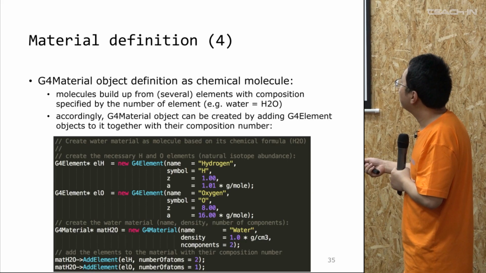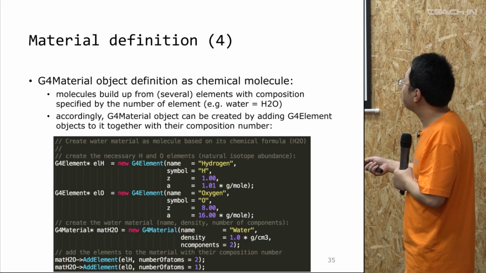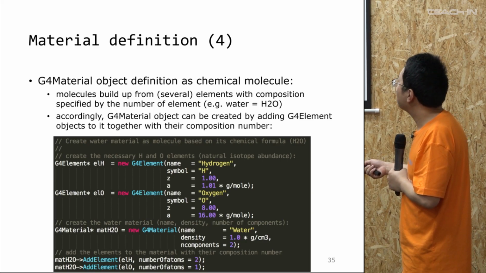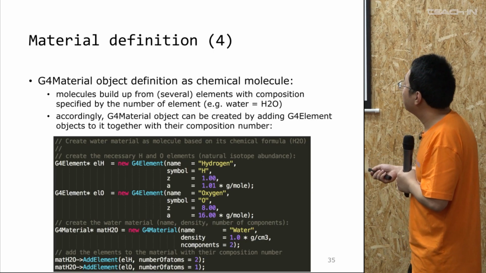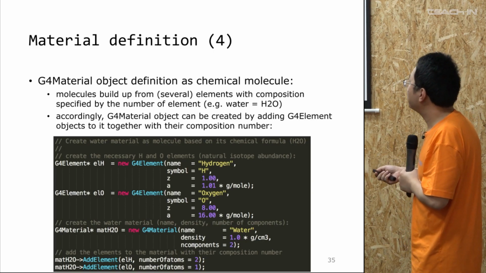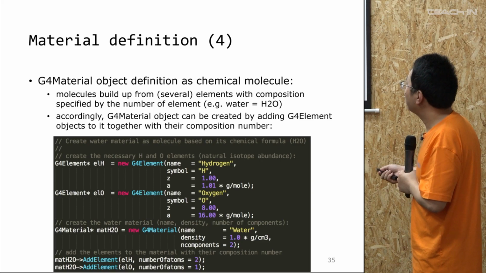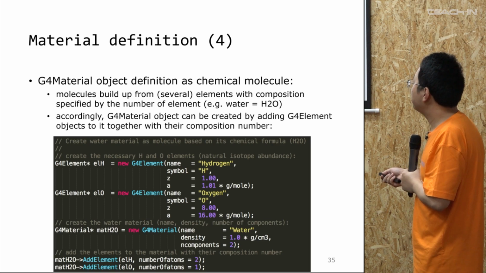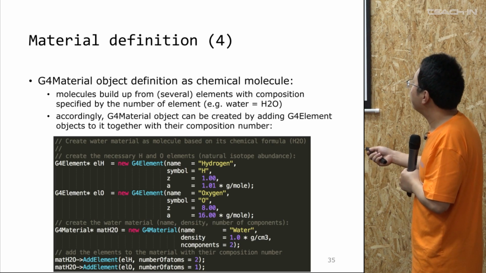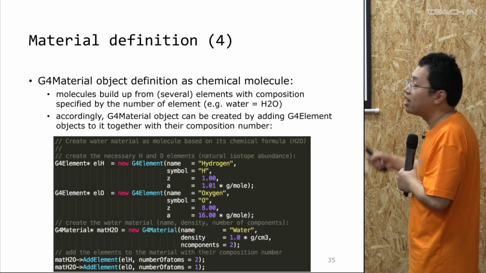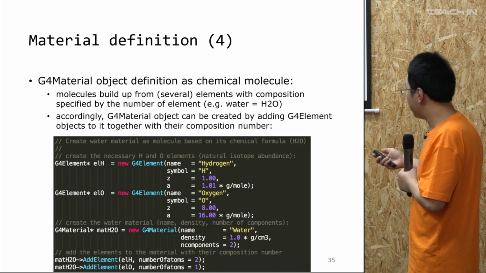You first construct the hydrogen and the oxygen, and then combine them. You can specify how many atoms of each element, and by defining this, you have a material defined.